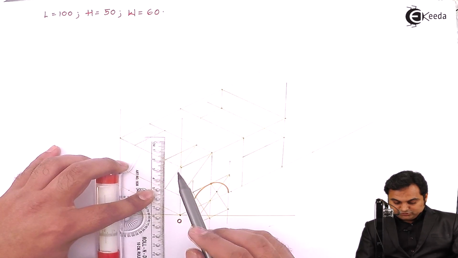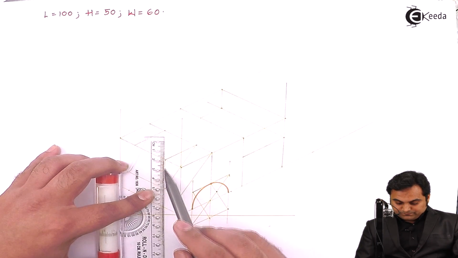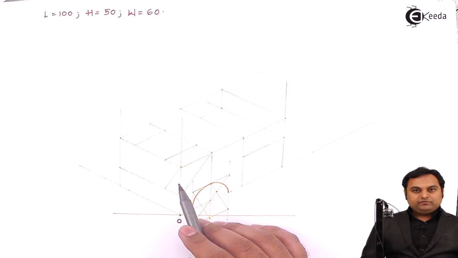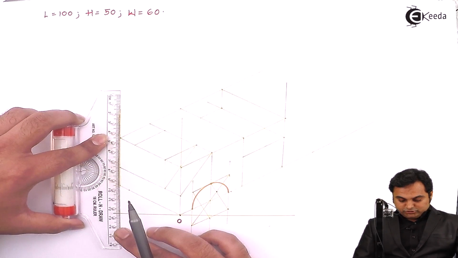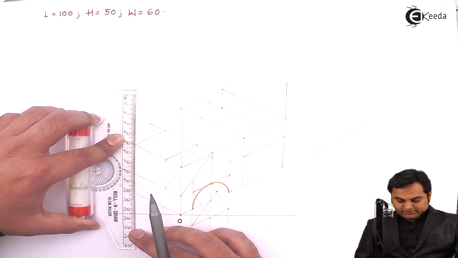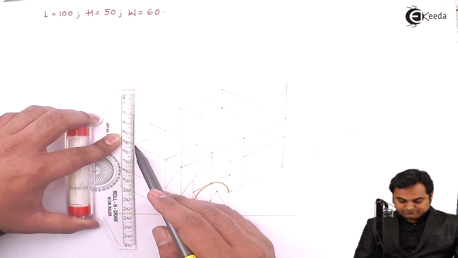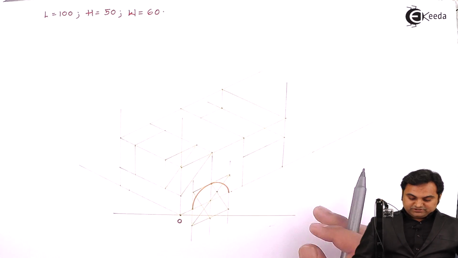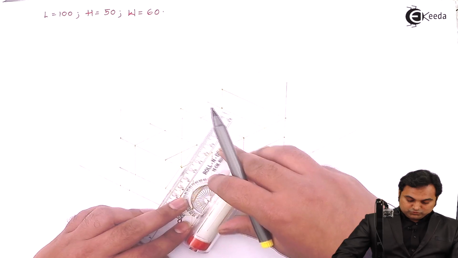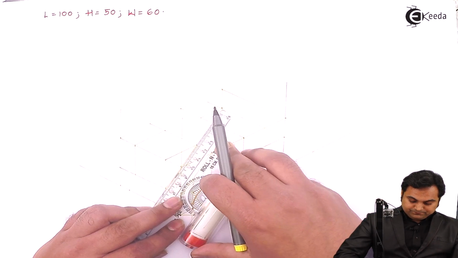Next, joining these 2 points is going to give me the surface as I can see here. And similarly here also I am projecting a light vertical line. Then the surface is parallel, so I would be connecting them.